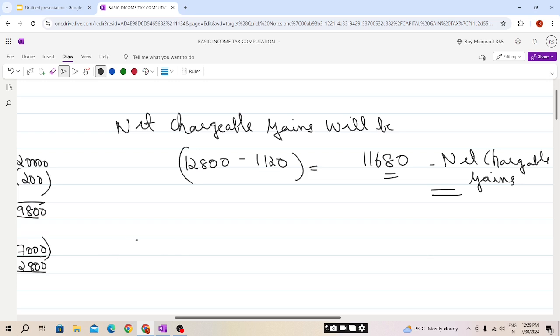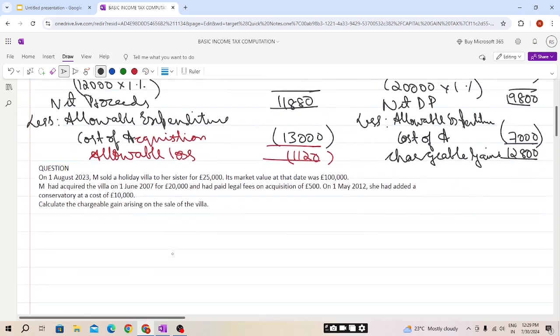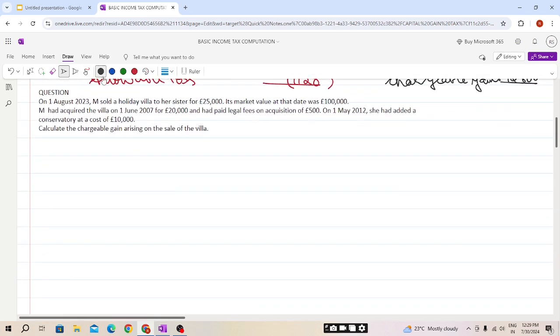Now moving to a further question. We will be doing one more question, students. On 1st August 2023, M sold a holiday villa to her sister for 25,000. Its market value at the date was 100,000 pounds.